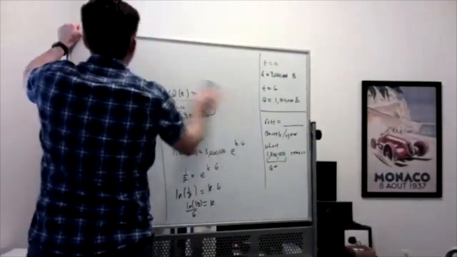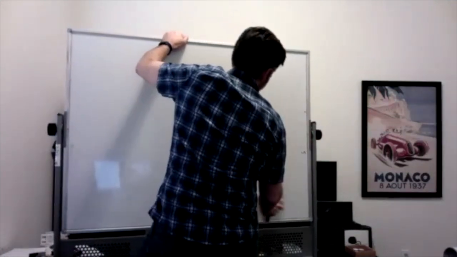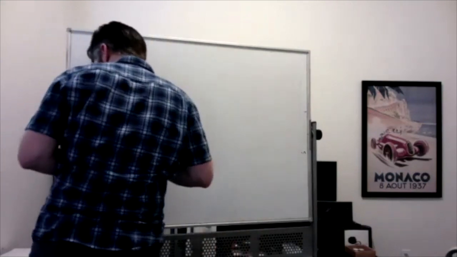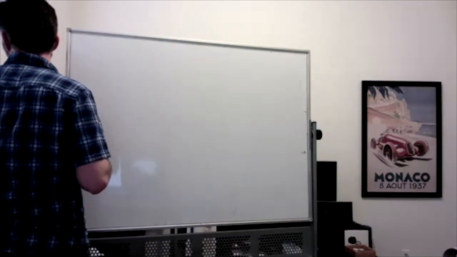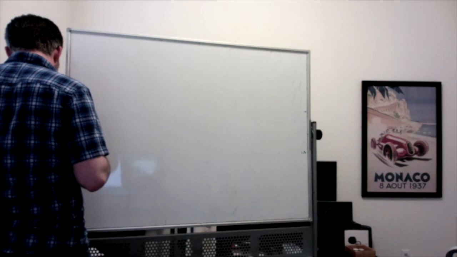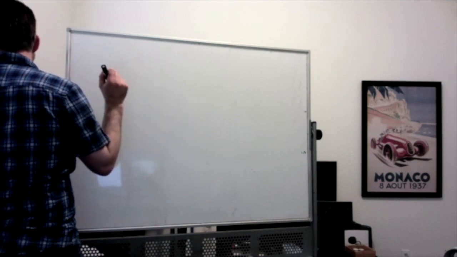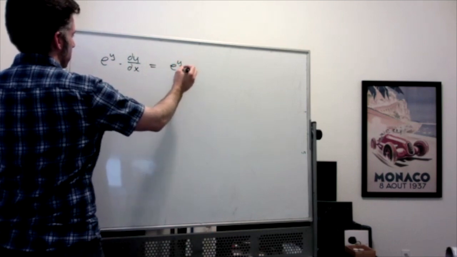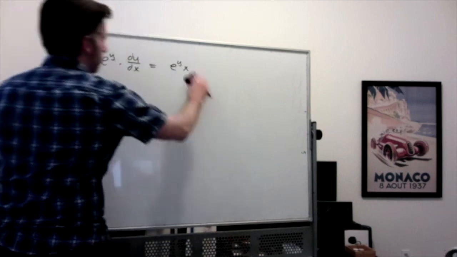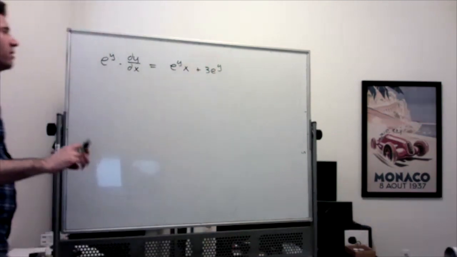Right. So let me give you another example. Let's say we have e to the y times dy/dx equals e to the y times x plus 3x.